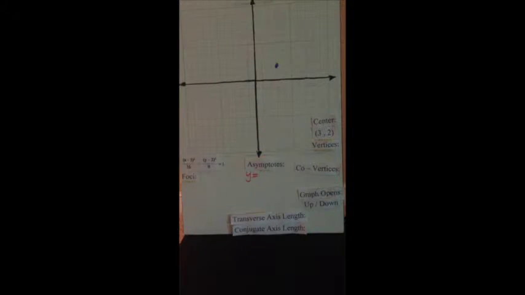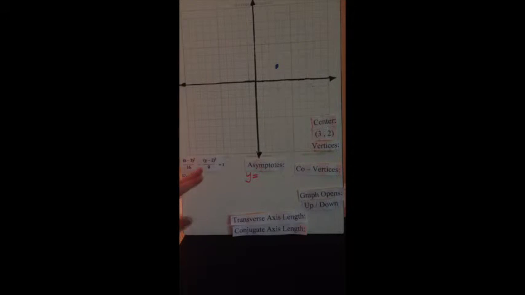That also tells us that the transverse axis is going to be along the y-axis and the conjugate axis is going to be the x-axis. So the vertices are always on the transverse axis. So now we know that these are going to be our vertices. How do you find your vertices, you ask? Well, you take which axis you're on. So we're on the y-axis. We're going to go over here and find that the denominator of the little fraction in the equation is a 9.